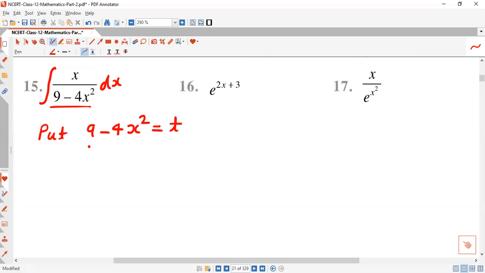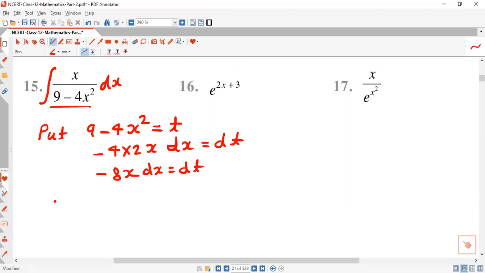Taking differentiation on both sides, we get minus 4 into 2x dx equal to dt. So it will come out minus 8x dx equal to dt.